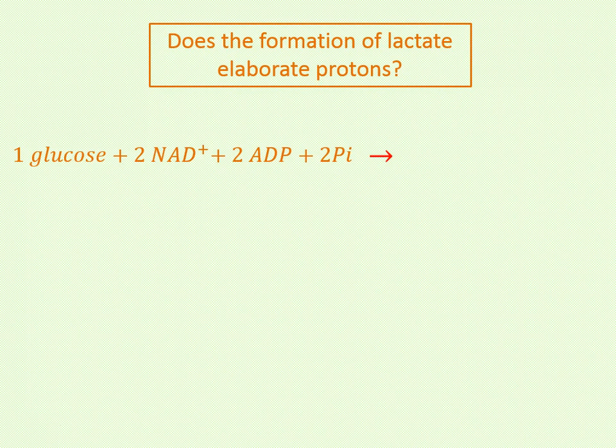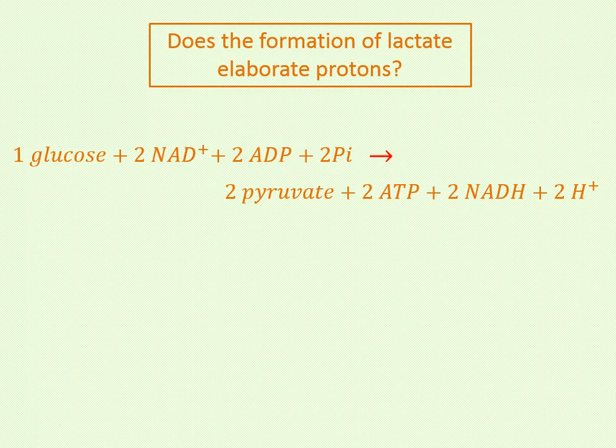So if we think about that equation that we learned about many, many years ago in undergrad biochemistry, you start with a molecule of glucose, you then have some reducing molecules, NAD, you have ADP and some inorganic phosphate, and you go through the steps of glycolysis, and you can see with that exploding proton there, you get 2 protons that are elaborated, right?